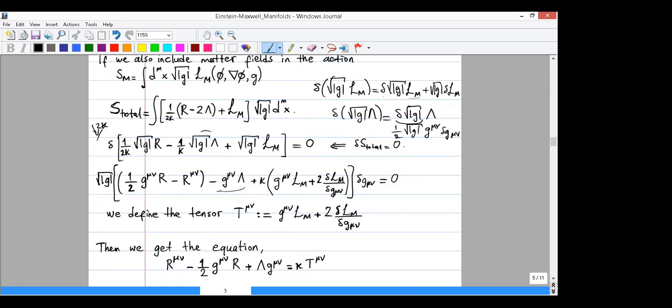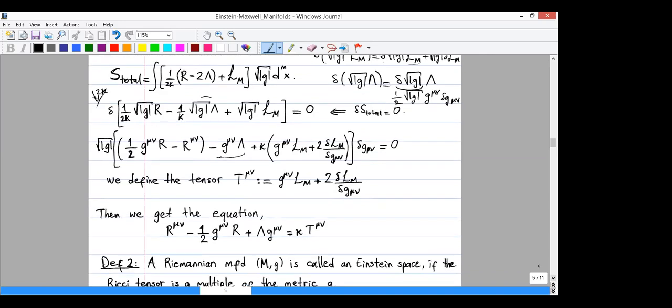And delta square root of g, as we obtained before, is here, and times just Lm, so it's here. And the second one, let's see, it's just delta Lm and square root of g, and I just need to divide by delta g^μν, and so it is here. And since I multiply by 2 kappa, it is here.